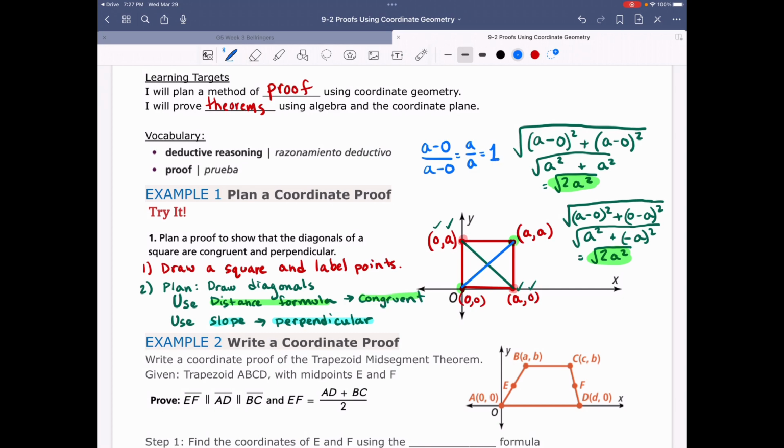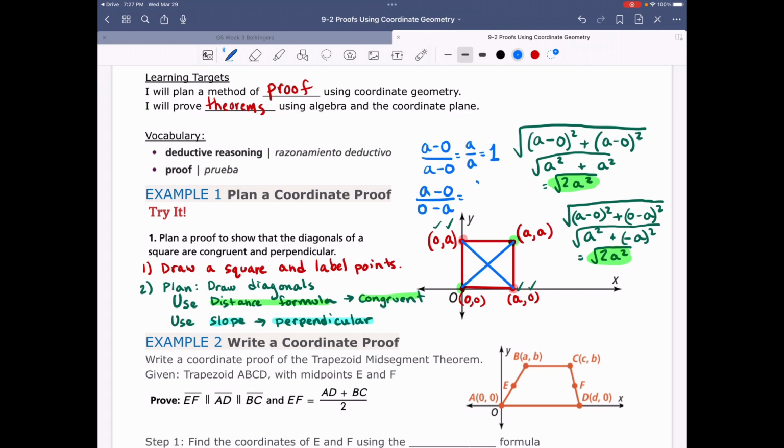Then we have the other line. So I'm going to draw it in blue again. We have this line, and that is going to be the change in y. So the y's are a minus 0 over the change in x, 0 minus a.